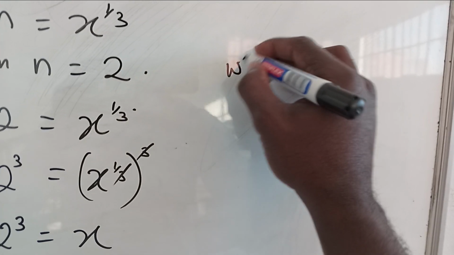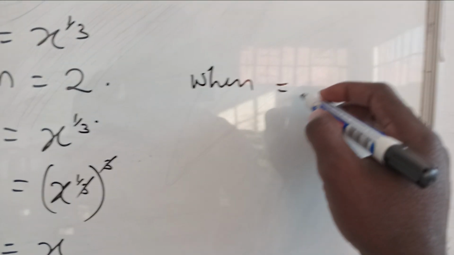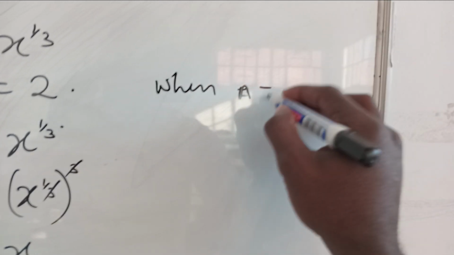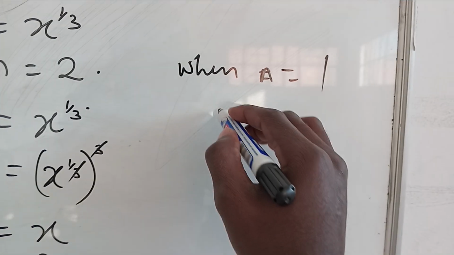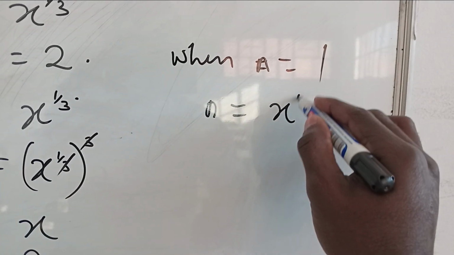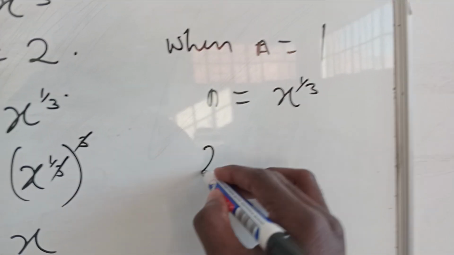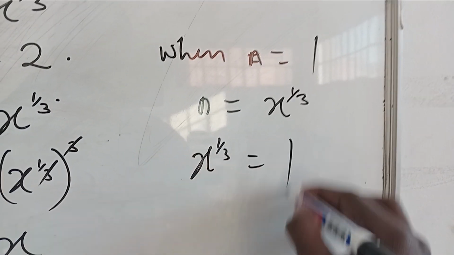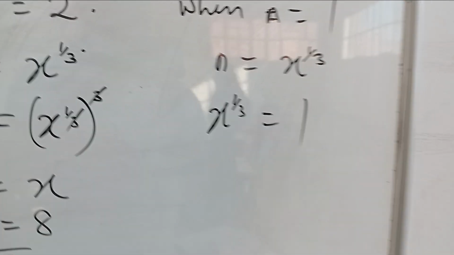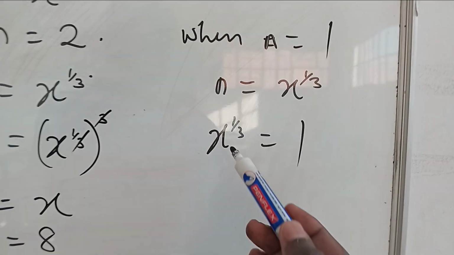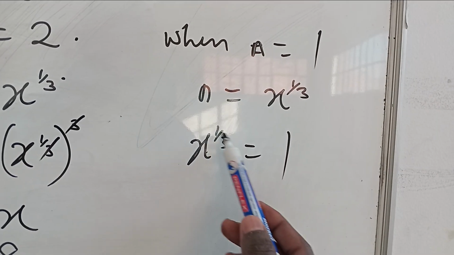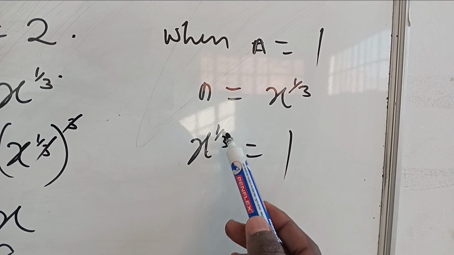Let's look at this. Remember, we have two values for our n. When n is equal to 1, I have n equals x raised to the power of 1 over 3. So I have x raised to the power of 1 over 3 equals 1. I need the value of x, so I multiply both sides by the value of the denominator.